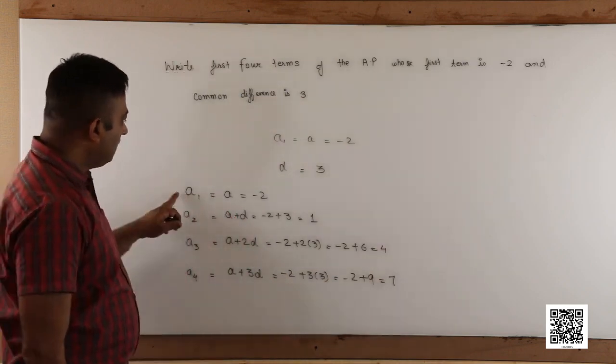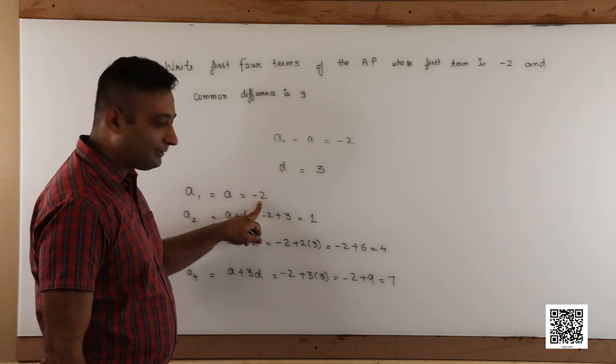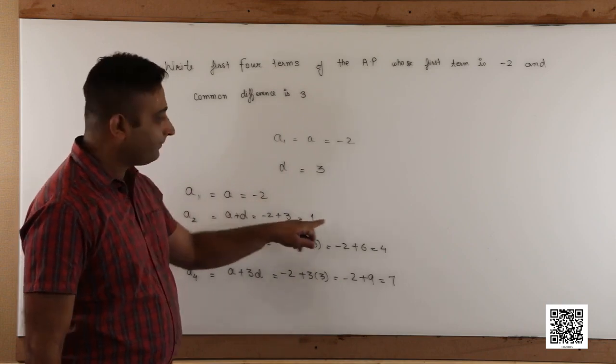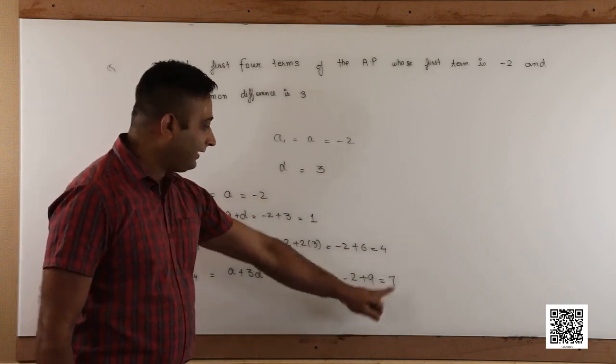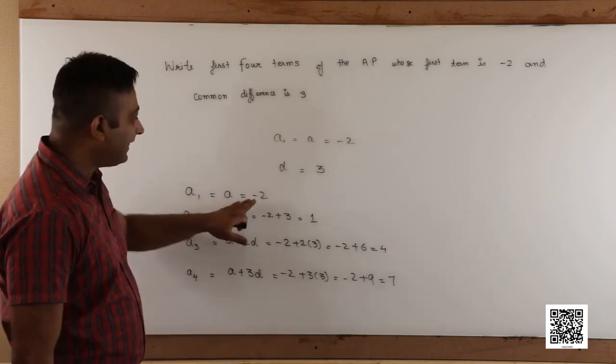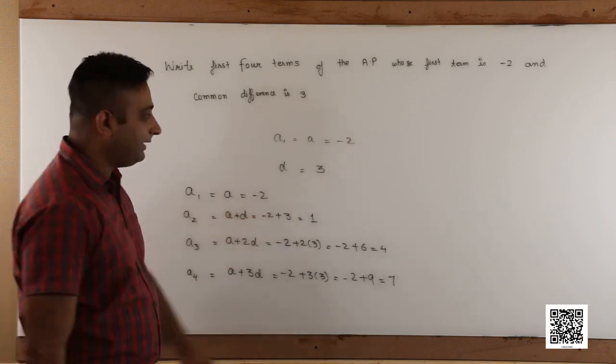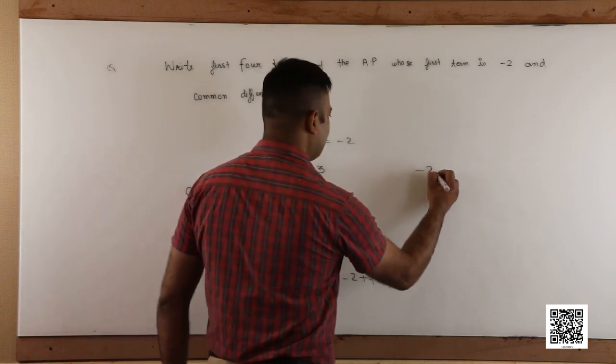So we have found the first term of this AP as minus 2, second term as 1, third term as 4 and fourth term as 7. You can easily see that the common difference of this AP so obtained is 3.